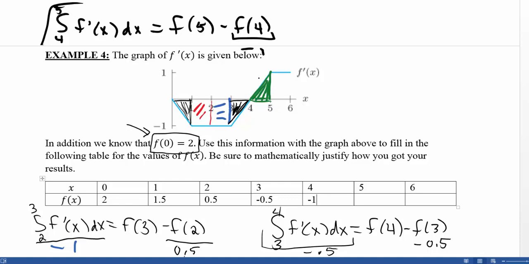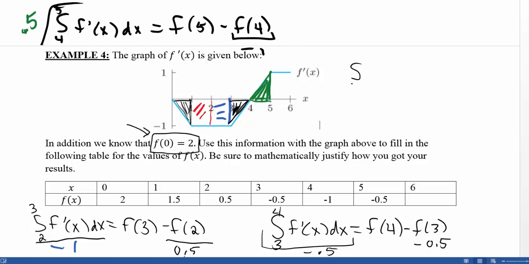So 1/2 times 1 times 1 is positive 1/2. So that area is positive 1/2. And I'm going to bring over the -1. So I have -1 plus 0.5, which means that my functional value at 5 is going to be -0.5.